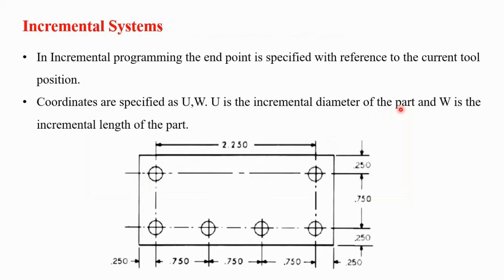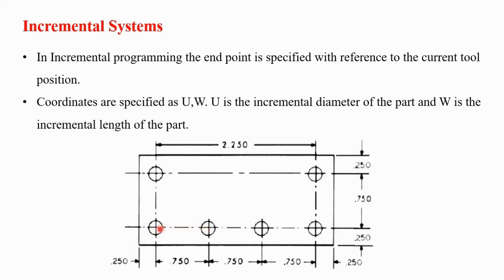So first of all, the incremental system. In incremental programming, the endpoint is specified with reference to the current tool position. That means, suppose this is the origin of the workpiece, that is 0,0, the origin reference point of the workpiece, and this is the first point, this is the second point.